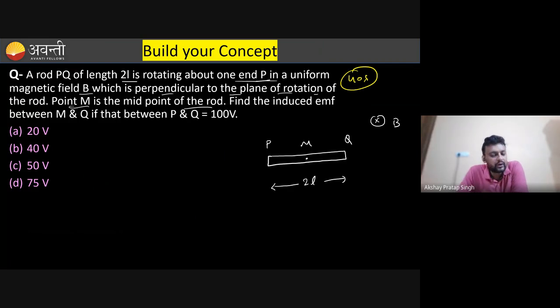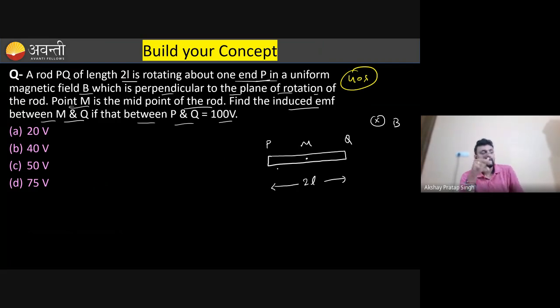Find the induced EMF between M and Q, if that between P and Q is 100 volt. So the EMF induced between P and Q is 100 volt, and I have to find it for M and Q.